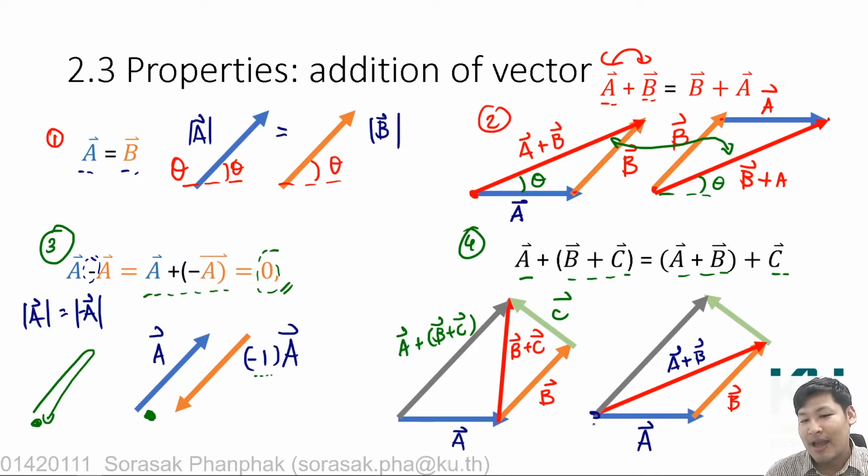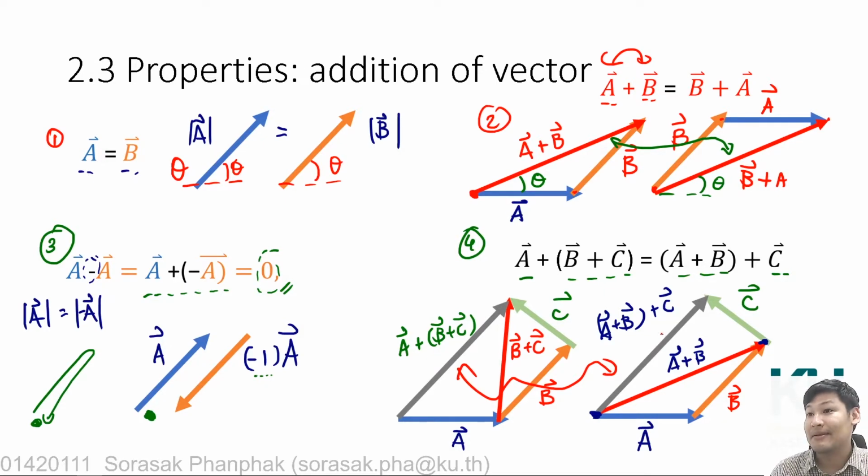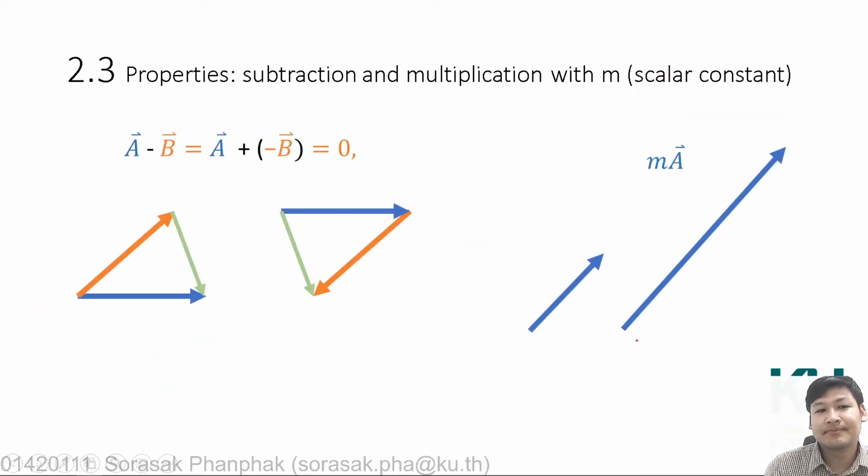So now you have A at the initial point to the end of B. So this vector is A plus B. And after that you plus with C. So this is the result of A plus B and then plus C. You can see the gray arrow here, they are exactly the same. So this is another property of the vectors.